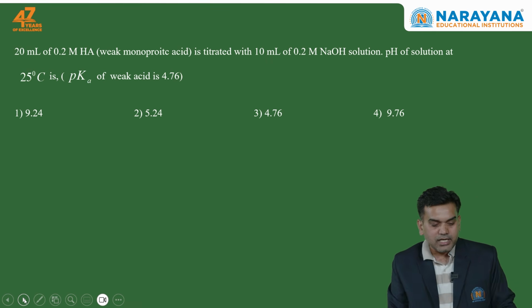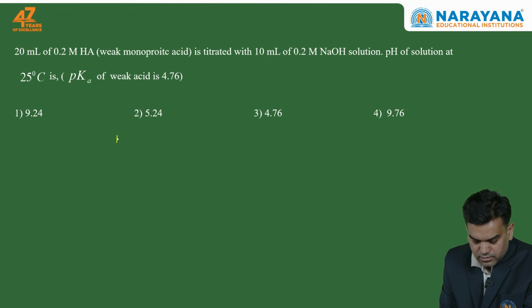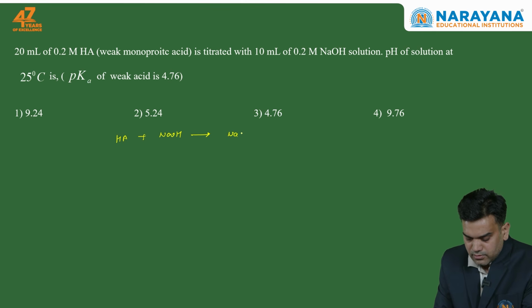So let's do the reaction. We have HA, and this HA is reacting with NaOH, sodium hydroxide. When this reaction occurs, it will give NaA plus H2O.